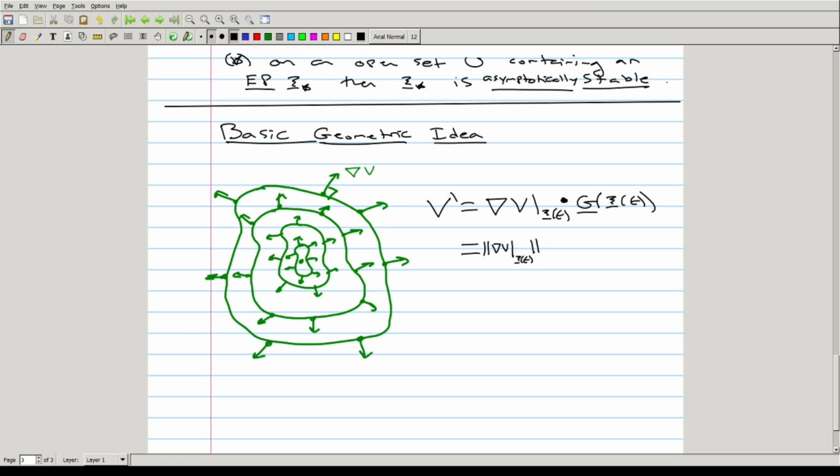So we know that from the multivariable chain rule, V prime is equal to the gradient of V dotted with G, and this means that V prime is equal to the magnitude of the gradient vector at any solution curve psi of t, times the magnitude of the vector G of psi of t, times cosine of theta of t, where theta is the angle between the tangent vector to the solution and the gradient vector.